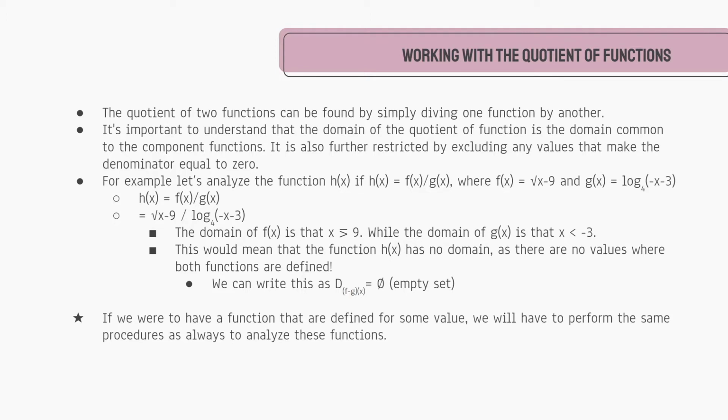So solving for x, we find out that x cannot equal negative 3. However, we can't go below negative 3 either. We can't have the logarithm of negative 1, right? For these kinds of problems once we're actually solving it. And so the domain of g of x is that x has to be less than negative 3.